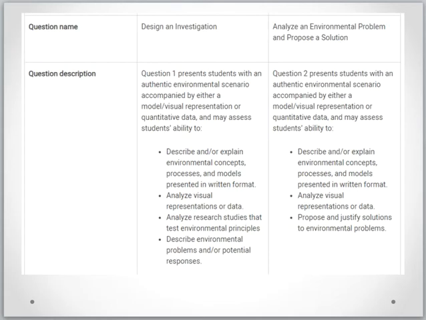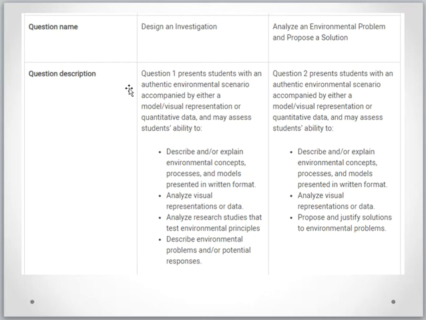Well, what do those 2 questions look like? Question number 1 presents students with an authentic environmental scenario accompanied by either a model, a visual representation. A model could be one of like the carbon cycle or the phosphate cycle, the nitrous. So those are models, okay? So we're not sure what model is going to be, or you will be given a set of quantitative data.